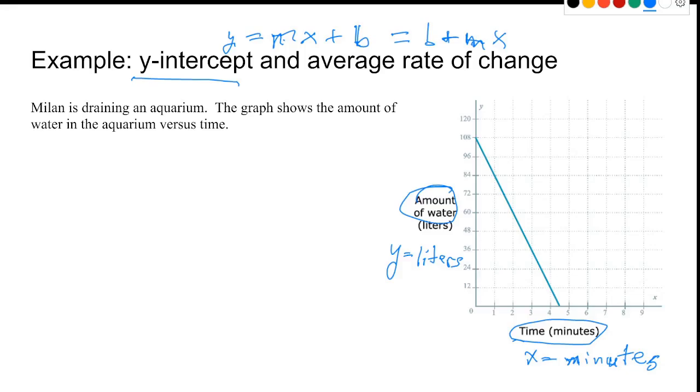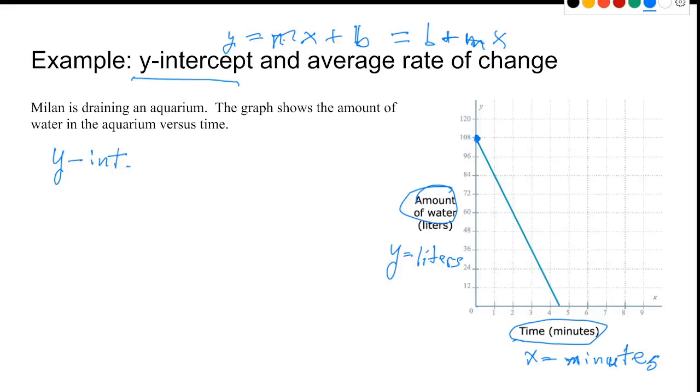And when we go to find the y-intercept again, we go where x is 0, that's the y-axis, and we look where the graph crosses that y-axis, or touches it. In this case, we could imagine it going through it, but at time 0, we can see there was 108. So the y-intercept, now this is where it's valuable.